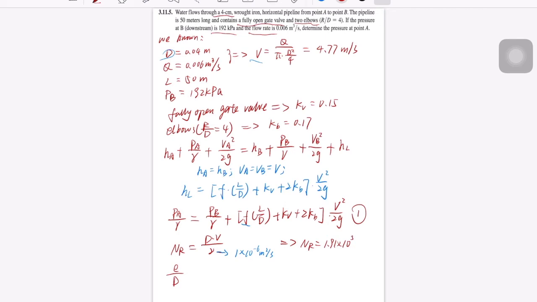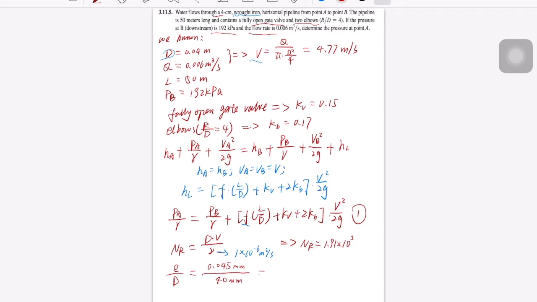And we also know this is a wrought iron pipeline, so we can get the roughness height E. This is 0.45 millimeter, and the diameter of this pipe is 40 millimeter.